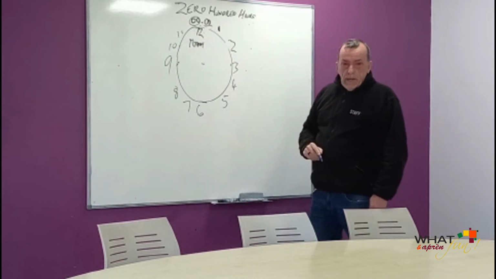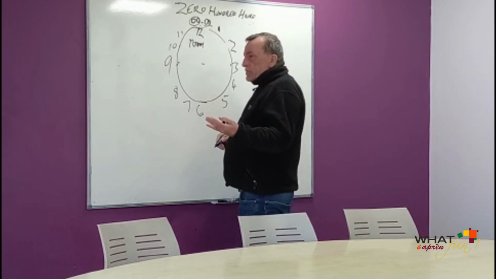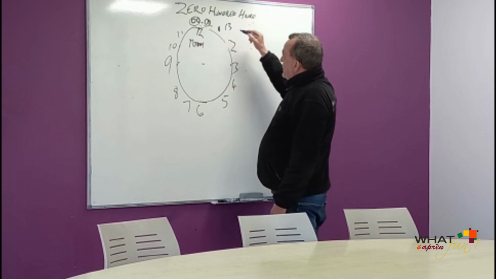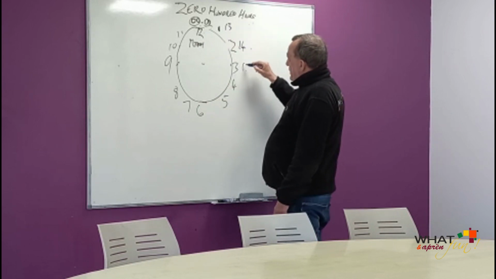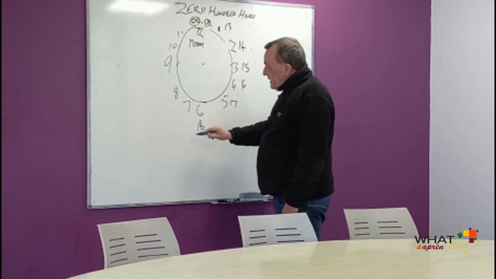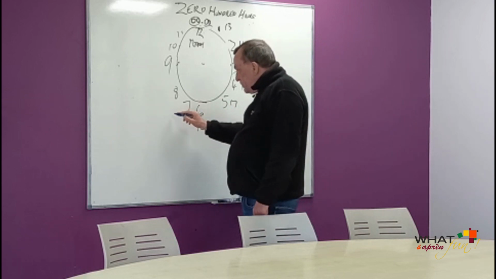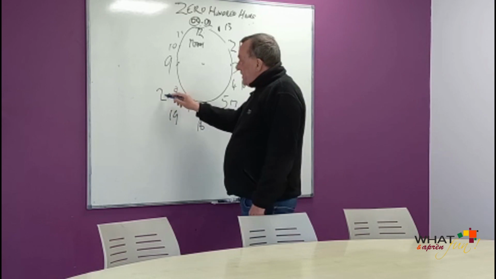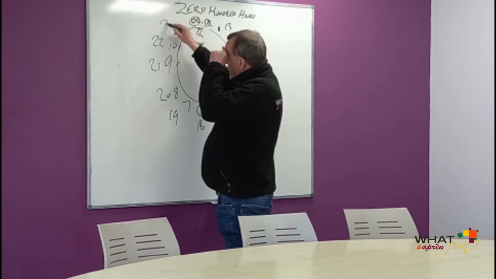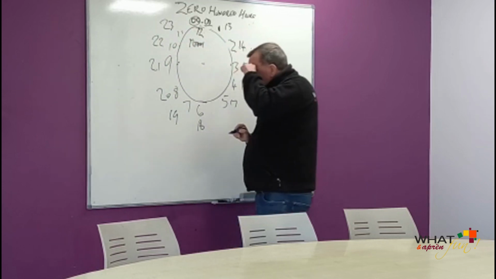So once we get past 12, then we continue, because there's obviously 24 hours in the day, so 1 becomes 13, 2 becomes 14, 15, 16, 17, 18 for 6 o'clock, 19, 20 for 8, 21 for 9, 22 for 10, and 23 for 11, yes?